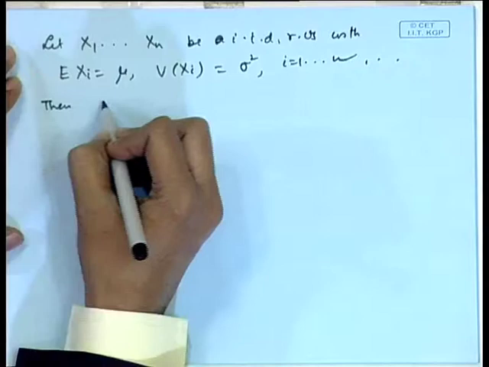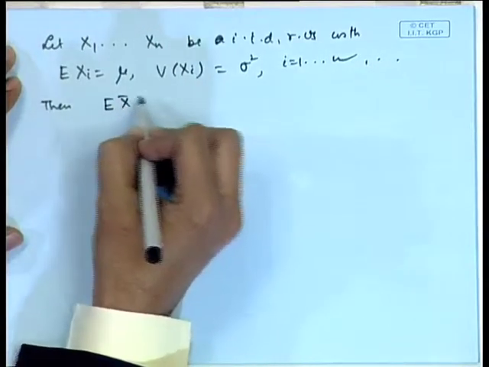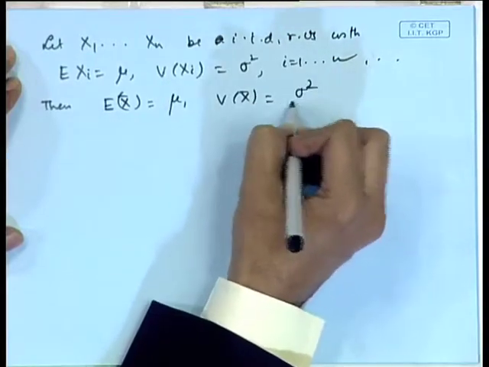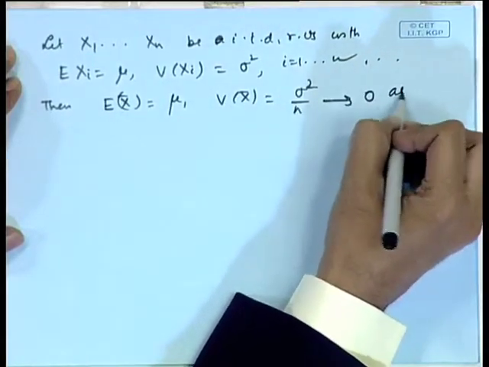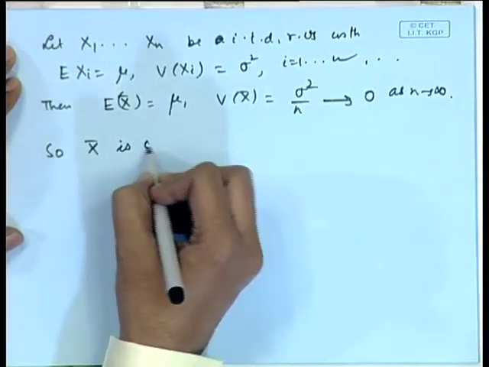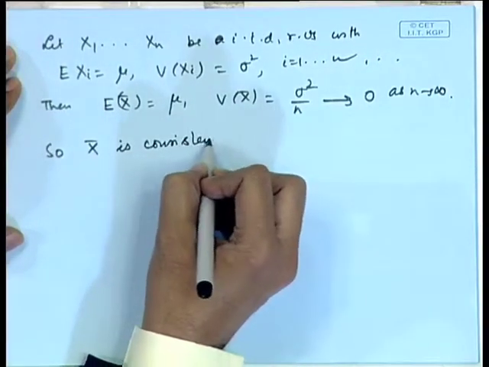Then the expectation of X bar is mu. What is the variance of X bar? It is sigma square by n, which goes to 0 as n tends to infinity. So, X bar is consistent for mu.